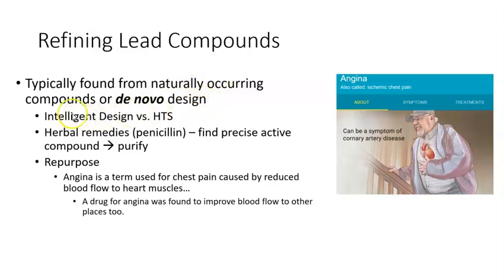And then you can use intelligent design versus high throughput screening, but you can modify those and make them better and change them slightly, change the organic chemistry of that makeup. An example of a really helpful and useful remedy was penicillin. But then how do you find the active compound from that extract? You want to purify it. You want to maybe change it a little bit to make it better.